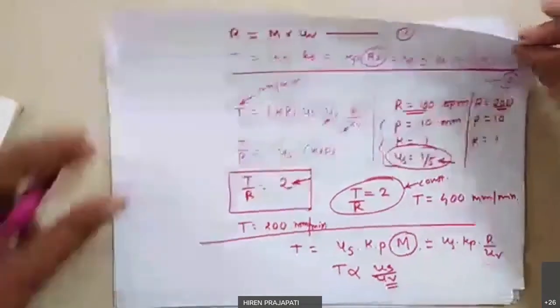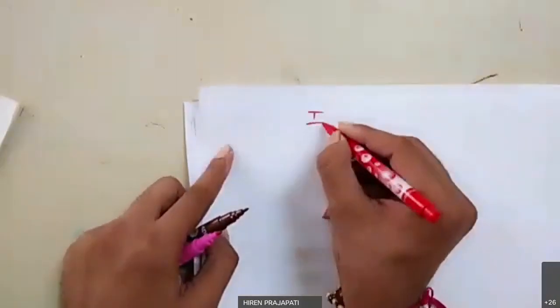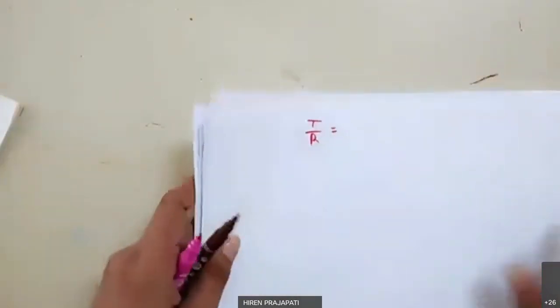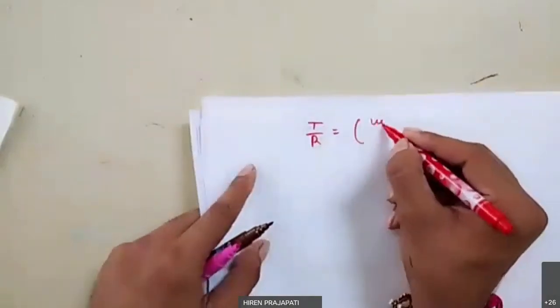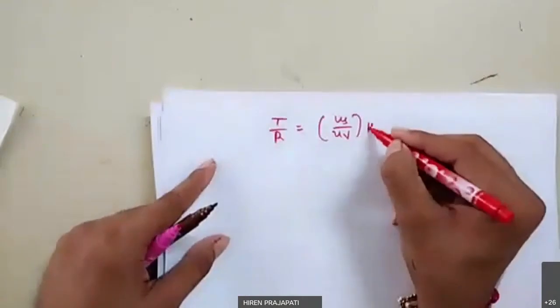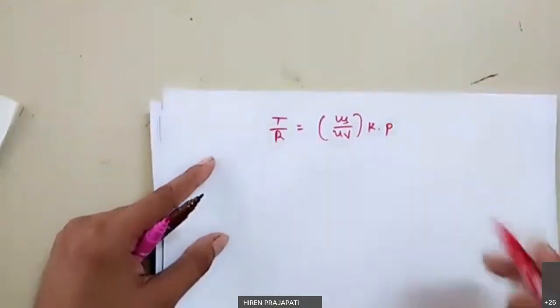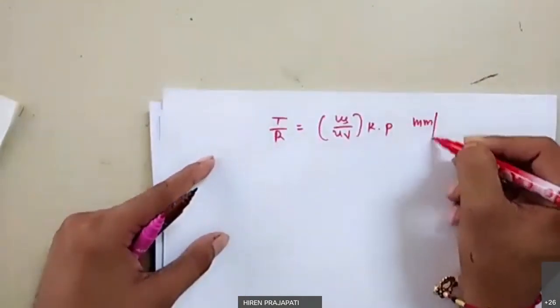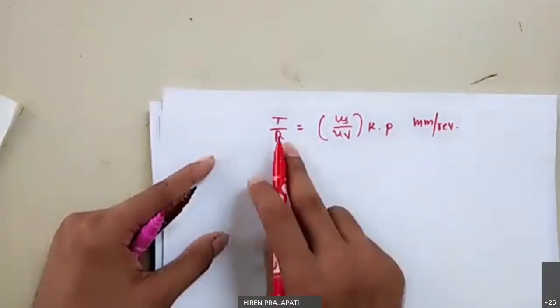So let me again take one example. So now let me write first of all T by R for the second case: it is US by UV, UV is present, and K into P. This is mm per revolution, the T by R ratio, right?